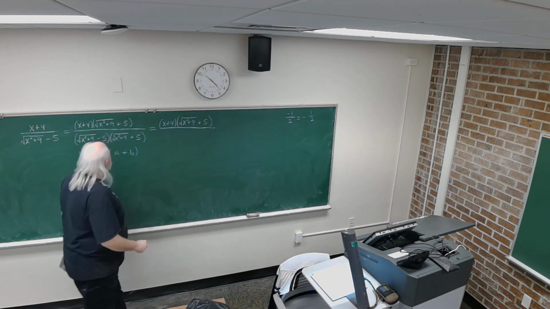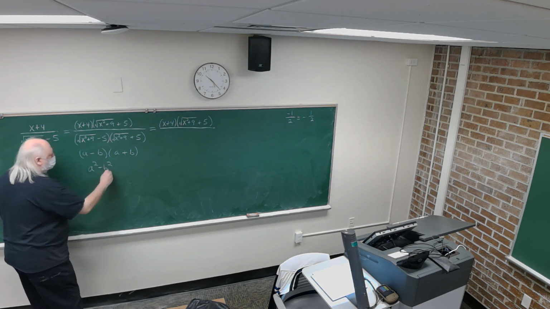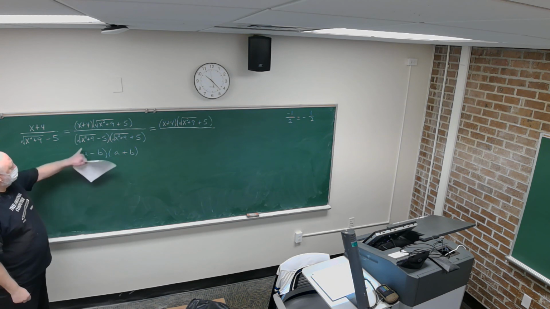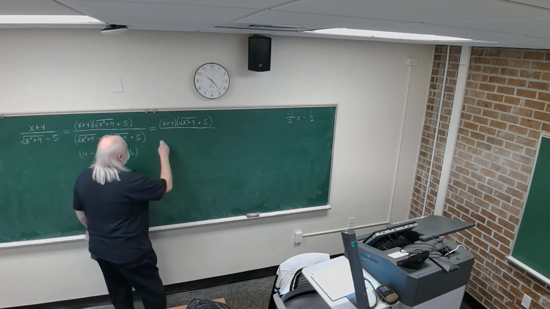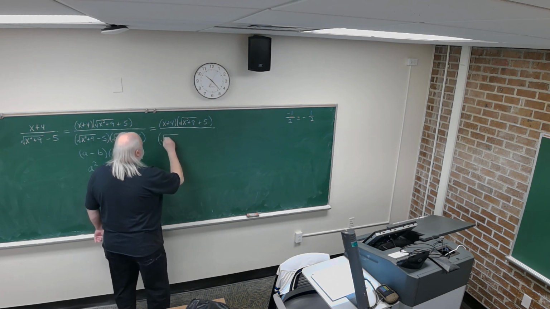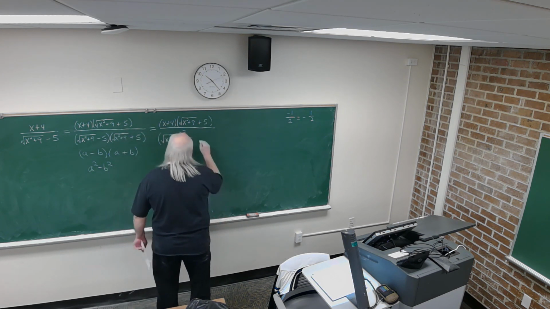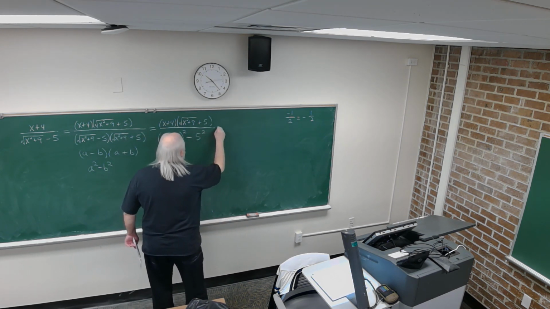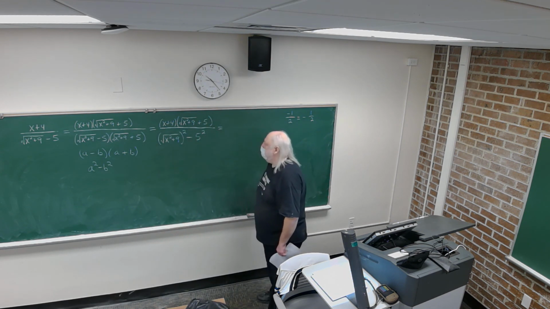And the denominator is a squared minus b squared. So we have this square root times that square root, so we have the square root of x squared plus 9, squared, minus 5 squared. That's our difference of squares in the denominator.